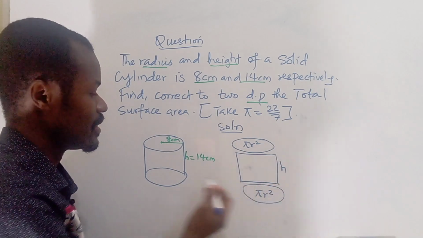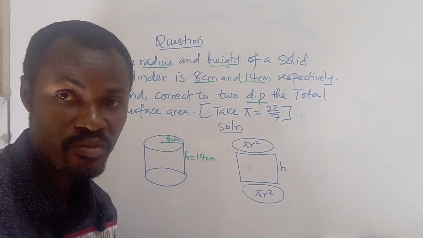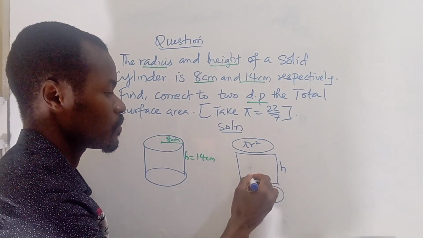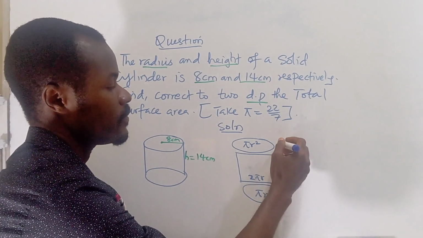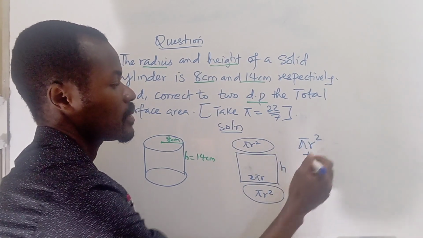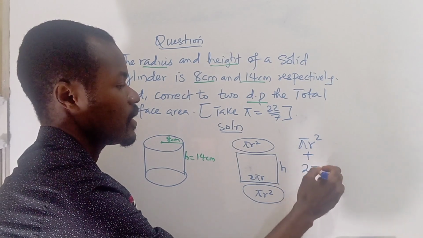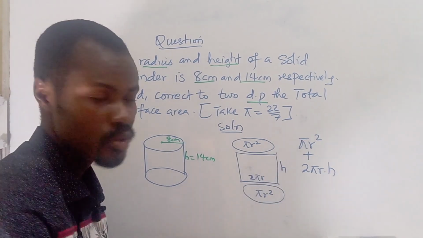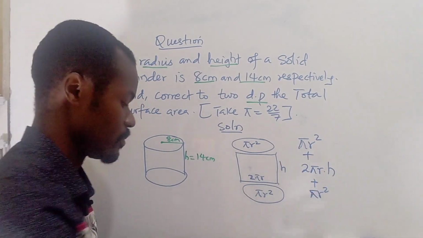Now this length is our circumference, and the formula for our circumference we know is 2 pi r. So the total surface area is this area, pi r squared, plus this area, which is this times this, so we have 2 pi r multiplied by h, because this looks like a rectangle, plus another pi r squared.